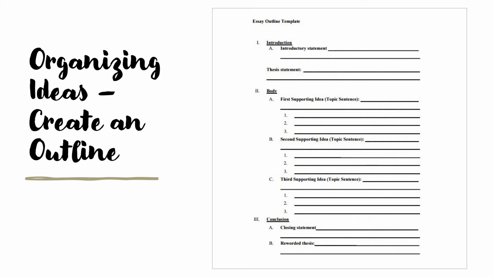And if you can see here, with an outline, we start by discussing our introduction, and then we go into our body paragraphs, like what are the main ideas, and then we have a conclusion. This is another way to lay out your ideas to get you started and pushing you towards writing an actual draft. You will not have to complete an outline this week, but it is something that is helpful, and you might want to try it out as you start writing.